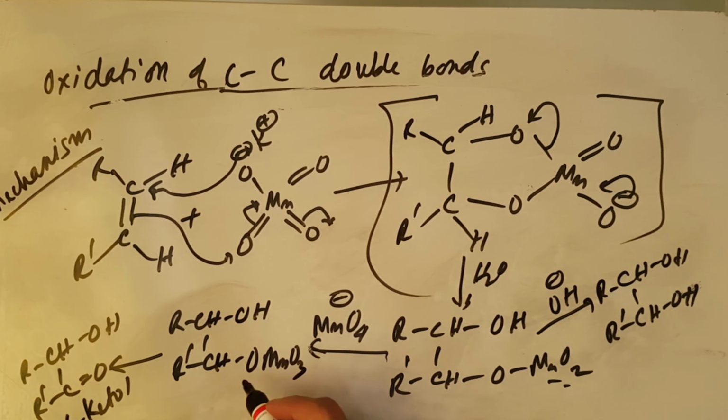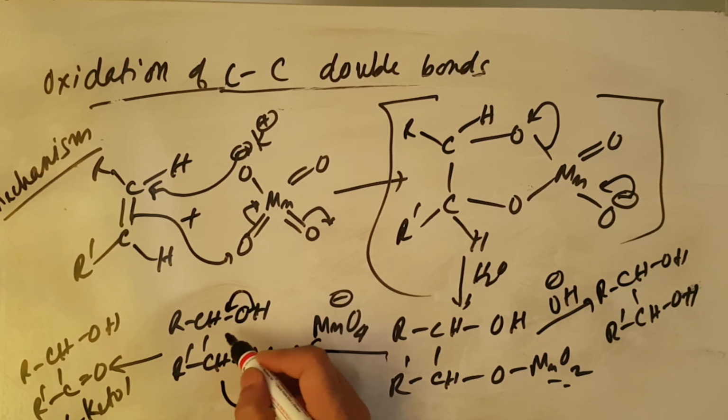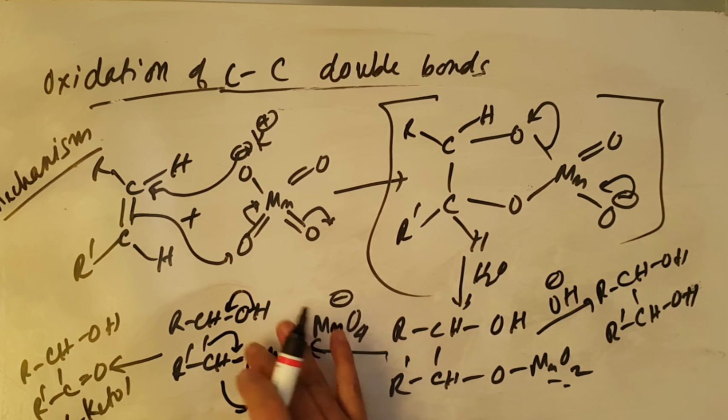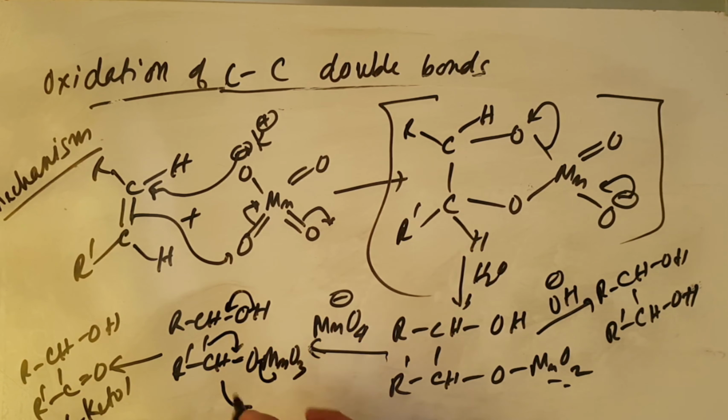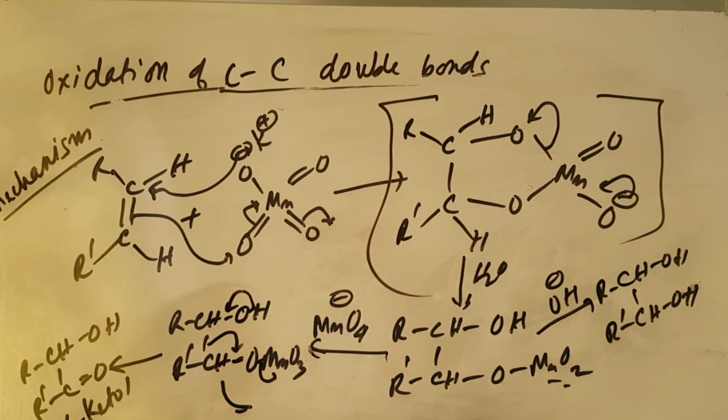Or if you use, this can be broken down this way. First it will be like this, and this will be like this. No, this way. So like this we can have, this one will be broken down also this way. So here you can have two molecules of aldehyde, RCHO plus R prime CHO.